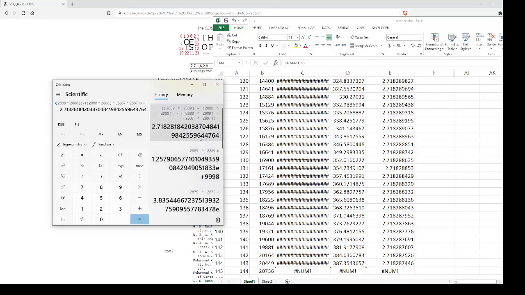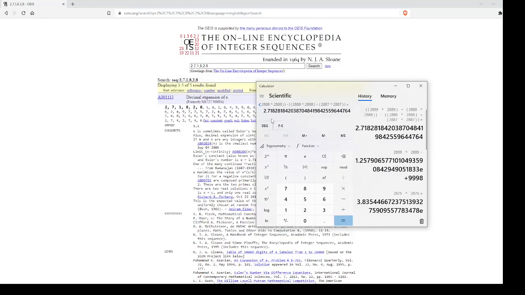And now look at our number here, 2.718. Let's put this up against the Online Encyclopedia. And how close are we now? 2.7182818.